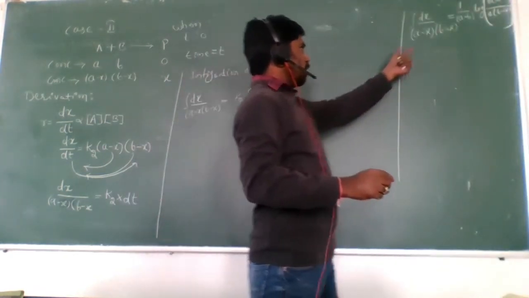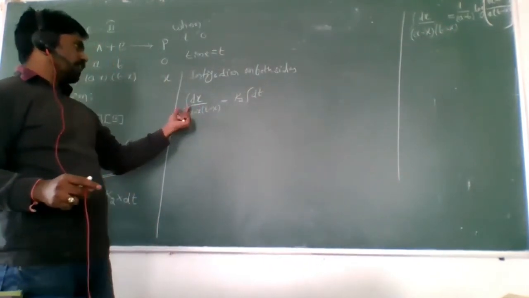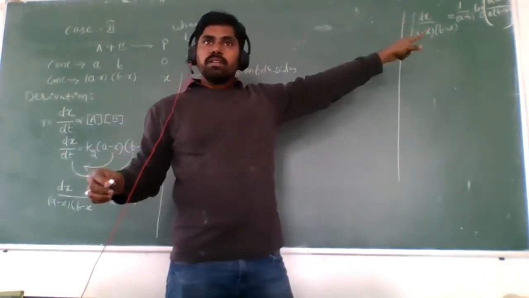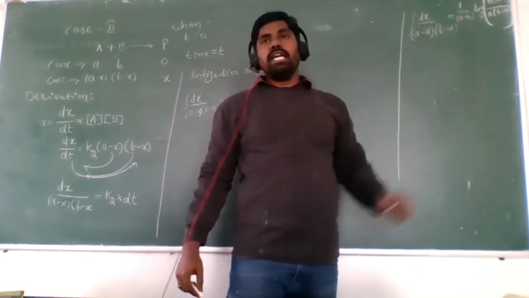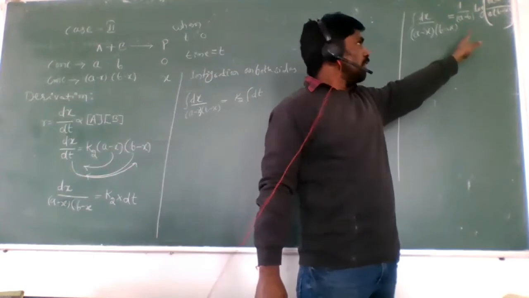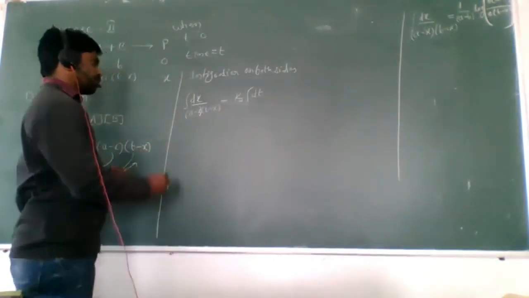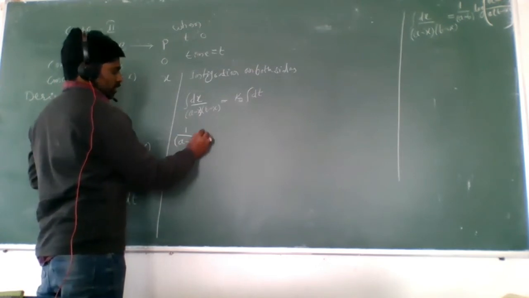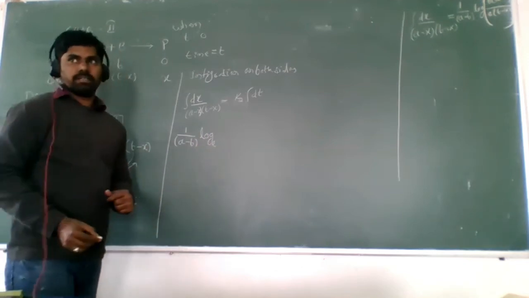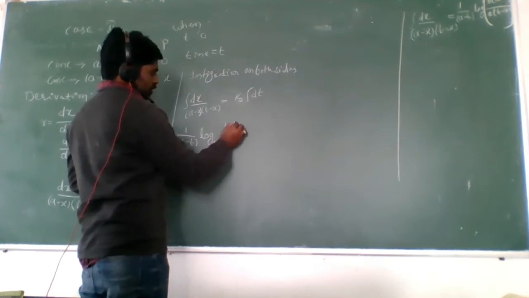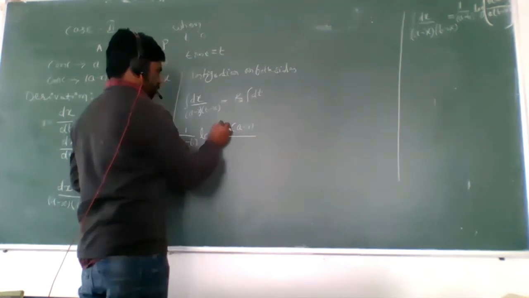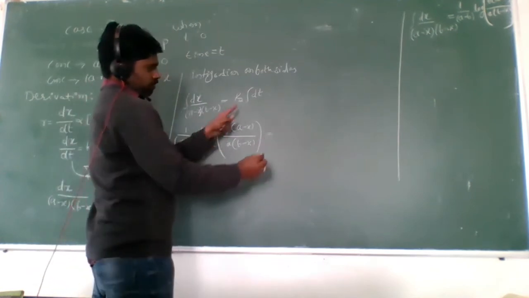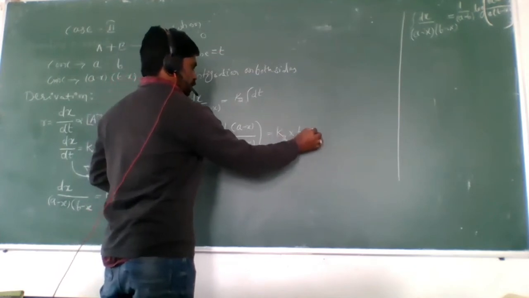Now look here. In that place of integration dx by (a minus x)(b minus x), we write 1 by (a minus b) log, in base e, of b(a minus x) by a(b minus x), equal to k2 t plus c.